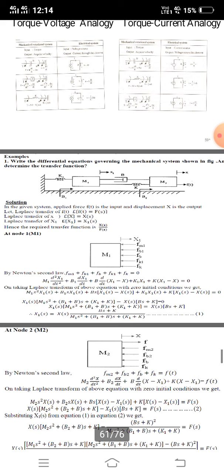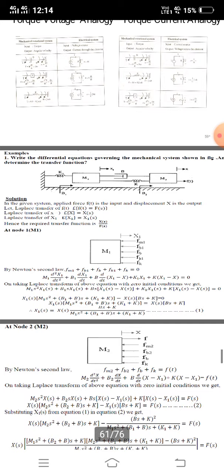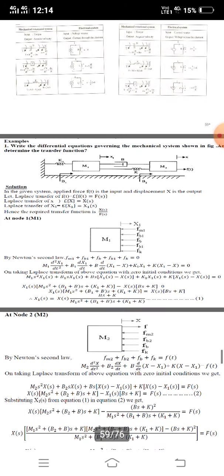Let us start the problem from the m1 mass. We have two masses, m1 and m2. Start from m1, like node 1. We can draw m1 mass separately with all its forces. The individual force is fm1, and the attached forces are fb1, fk1, fb, fk.